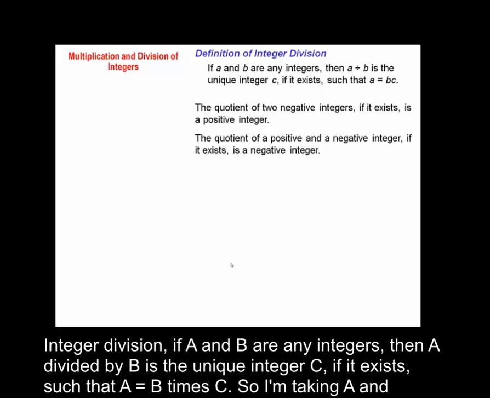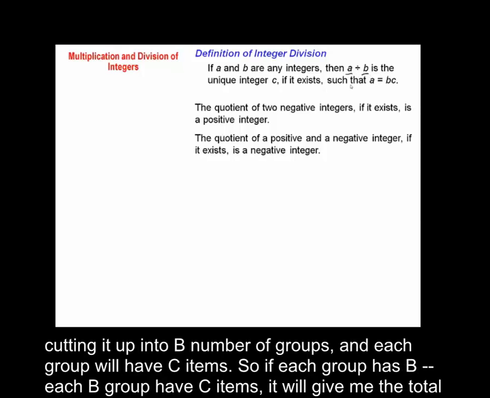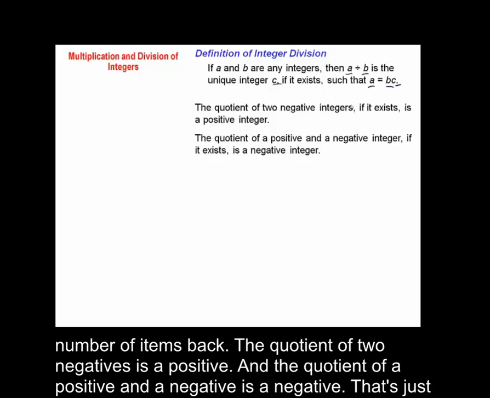Integer division. If a and b are any integers, then a divided by b is a unique integer c if it exists, such that a equals b times c. So I'm taking a and cutting it up into b number of groups, and each group will have c items. So if each of the b groups has c items, it will give me the total number of items back.